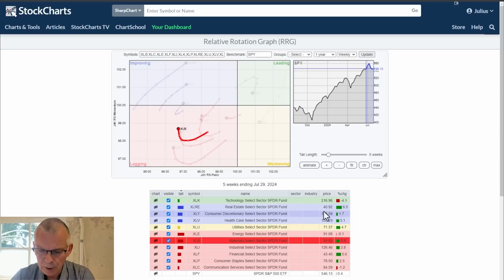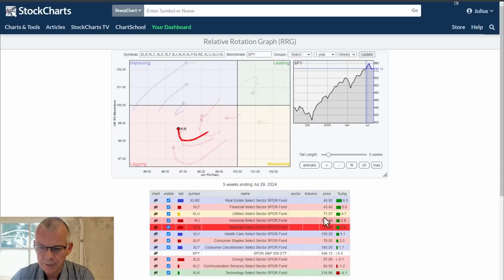If I rank it on performance, then over the last 5 weeks, the S&P returned 0.4, and materials did pretty well with a return of 3.8%.